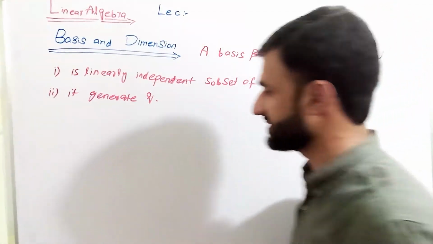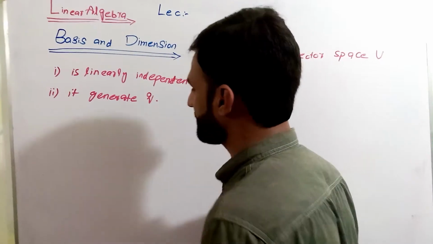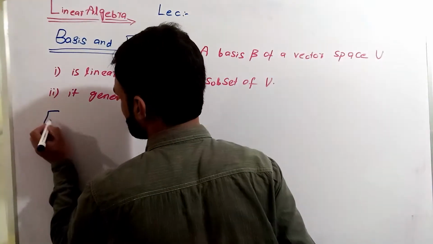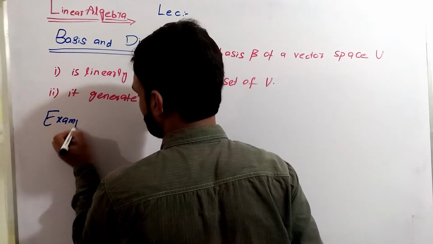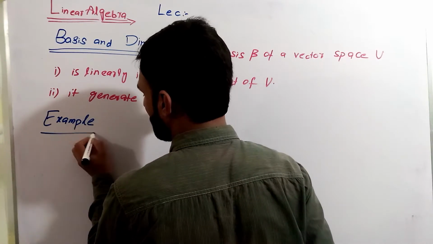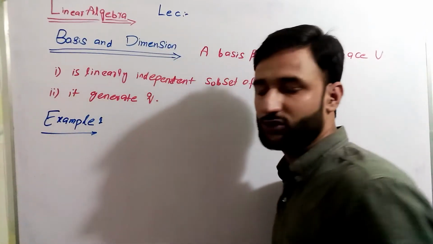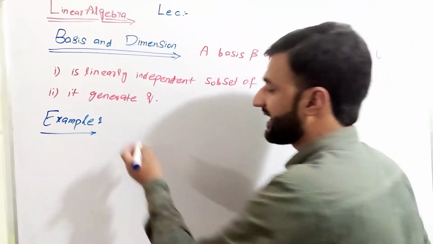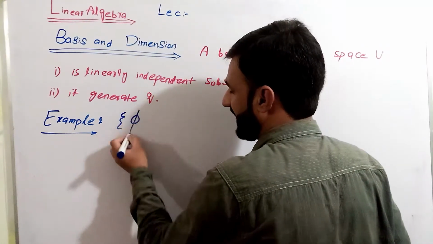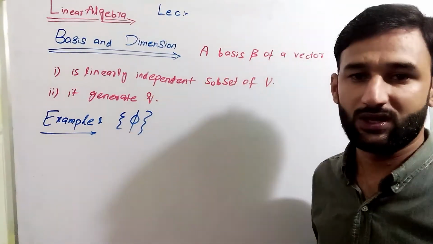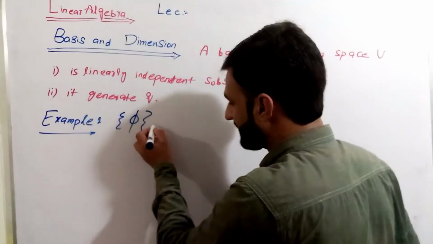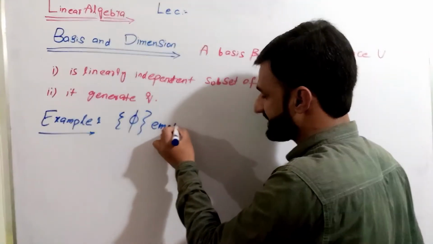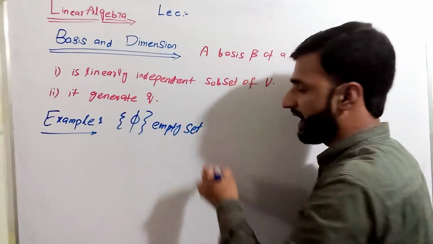Right, now we choose some examples and try to understand. For example, what is the normal example? Let's take a simple phi, the empty set, the empty space.